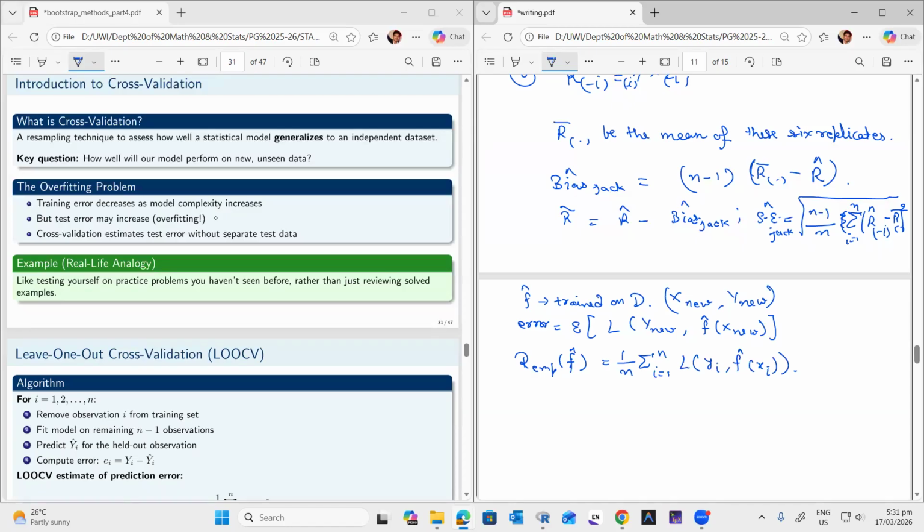So this is the manifestation of high variance. A complex model f cap is highly sensitive to the particular sample, say capital D, it was trained on.